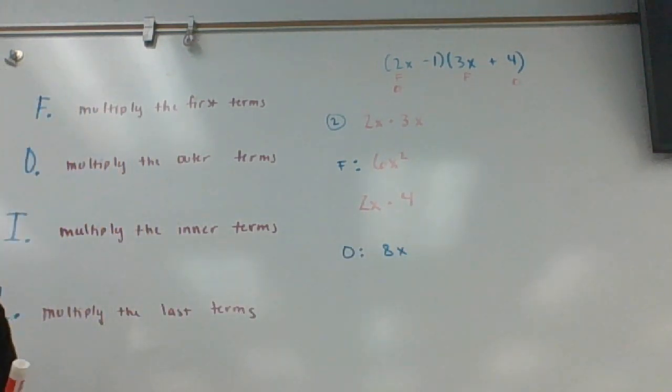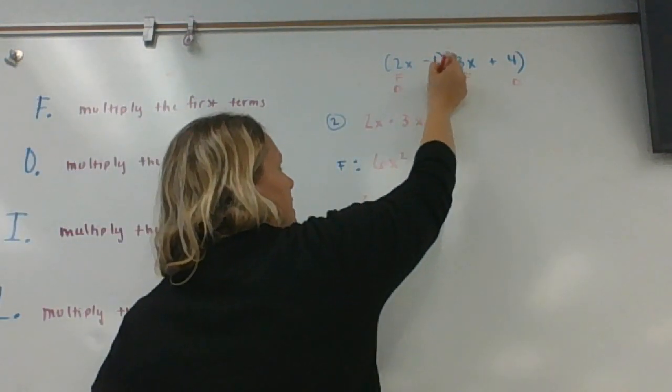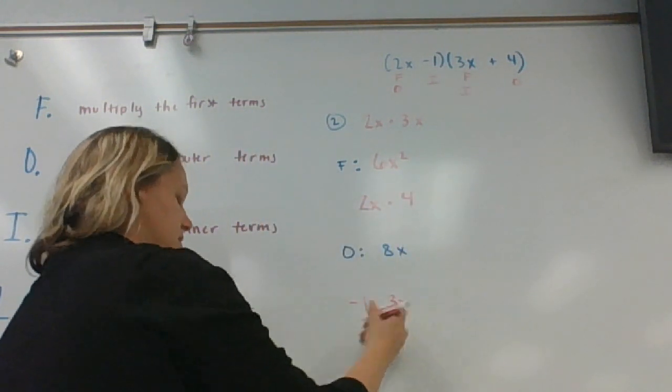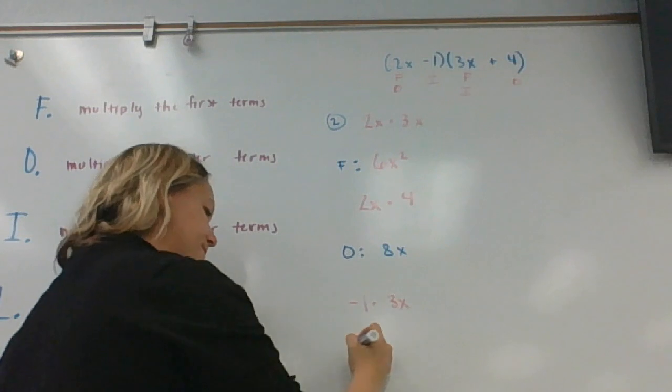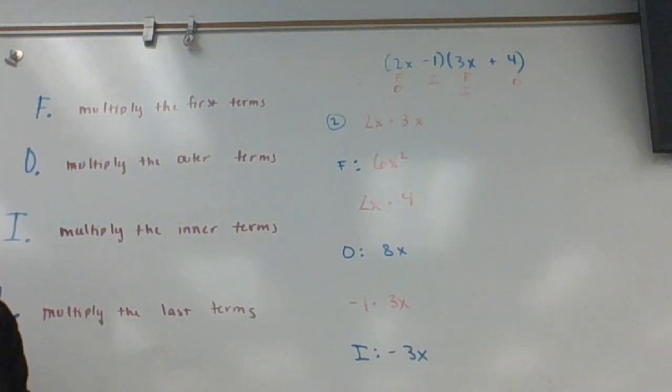And what would be considered the inside? Well, -1 and 3x are inside. So the I is -3x. And what's considered the last terms, Ada Maurice?